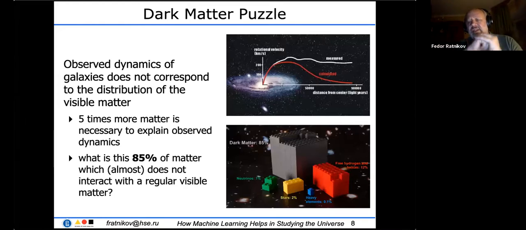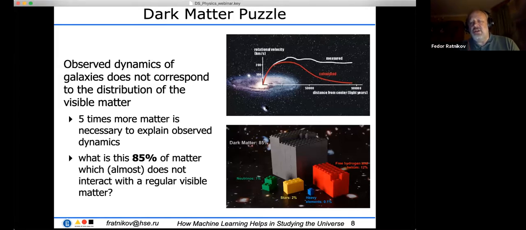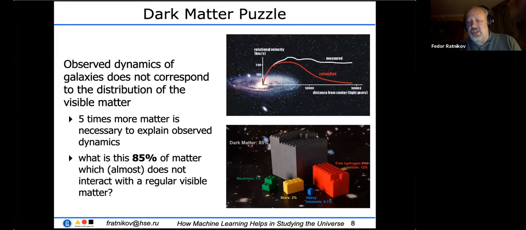Dark matter, which is the extra component under consideration, is a kind of material which has gravity, which essentially drives the rotation, but it does not interact with photons or any other normal particles, so usual particles. So it must be some very special domain of particles, different from our regular matter.